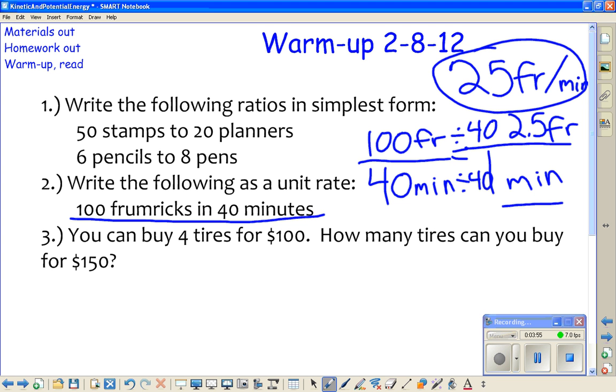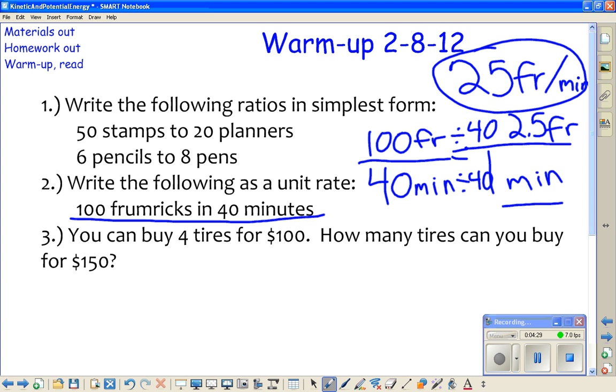All right, number 3, you can buy 4 tires for $100. How many tires can you buy for $150? 4 tires for 100. How many can you buy for 150? All right, what type of problem is this? Austin, what type of problem are we doing here? Is this a unit rate problem? Are we trying to find how many tires we can buy for $1?